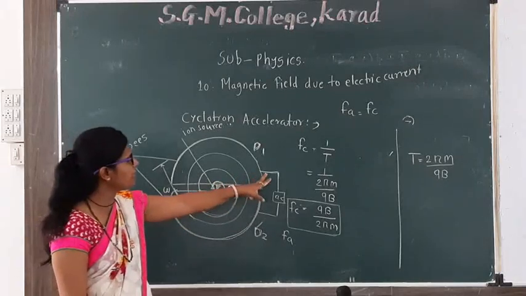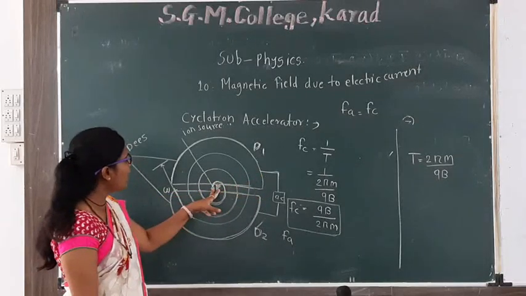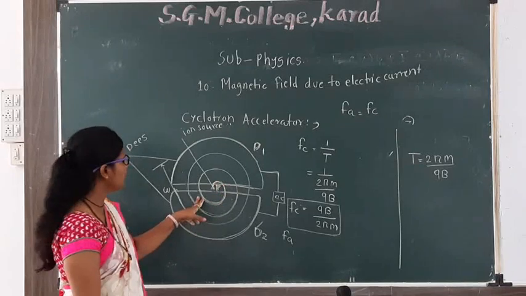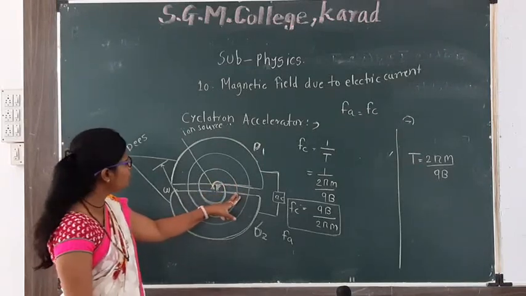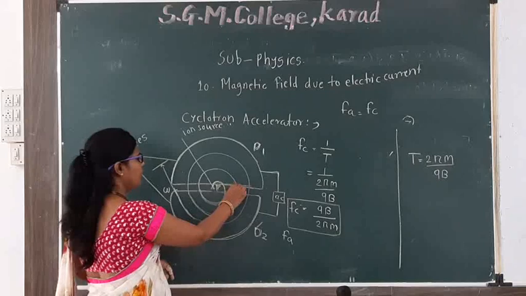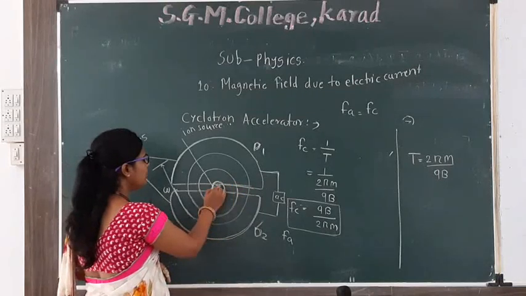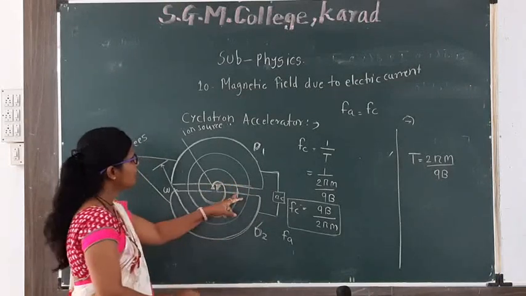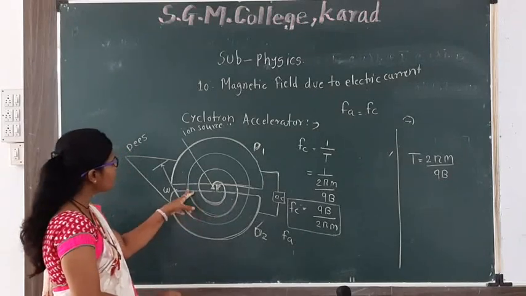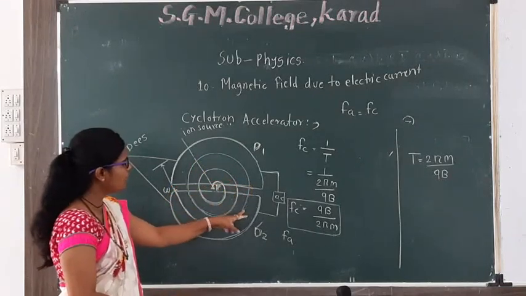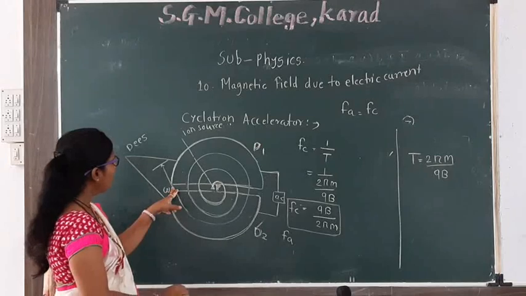Now, when this positively charged particle is accelerated by the electric field, its kinetic energy goes on increasing. The larger radius is also exerted by the magnetic field.